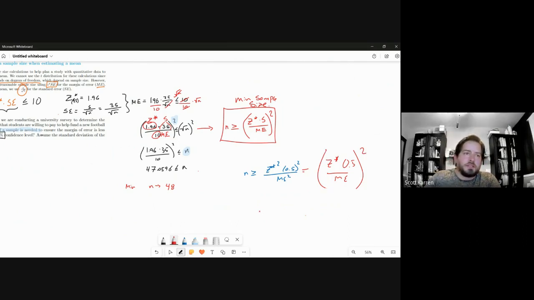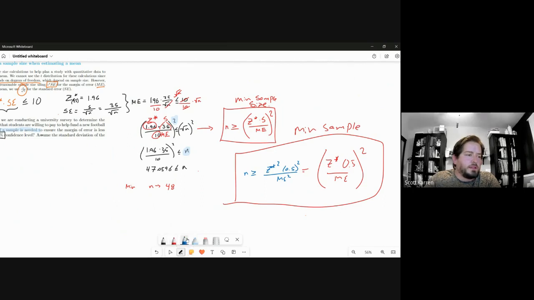So with these, we have the minimum sample size in terms of Z's in the proportion world, in the Z-chart world, and likewise the same thing in my t-chart world.